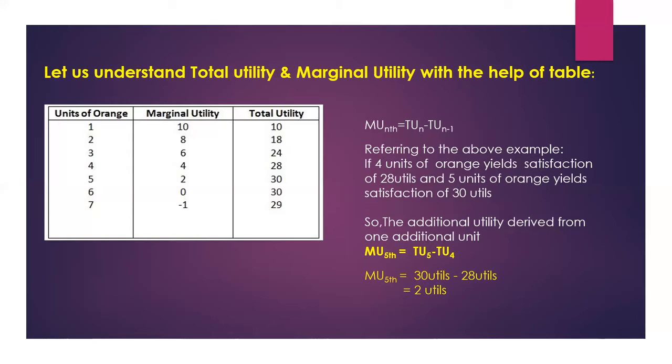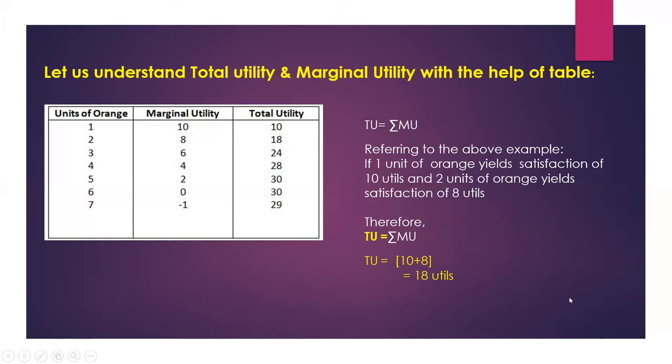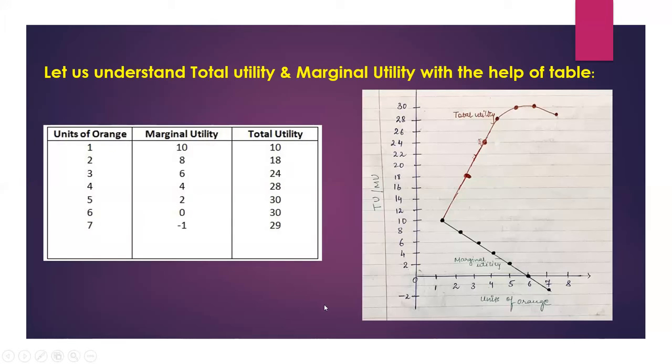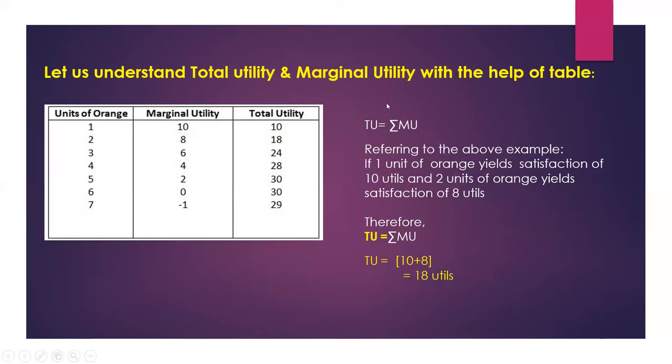Moving towards total utility, that's pretty easy. As you can see in the next slide, total utility is basically the summation of marginal utility. That means when we total up all the marginal utilities, we get the total utility.